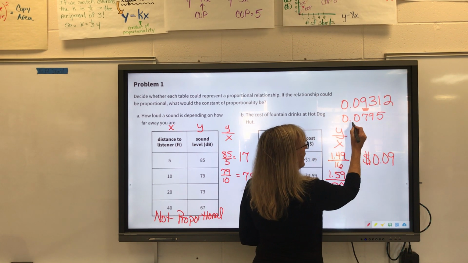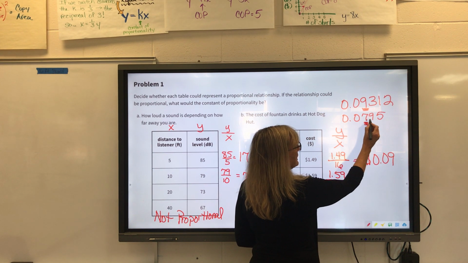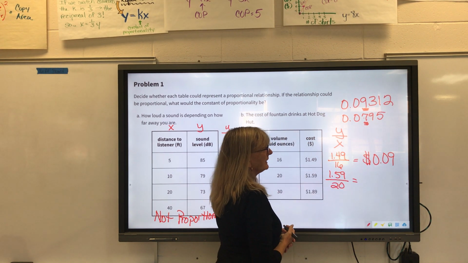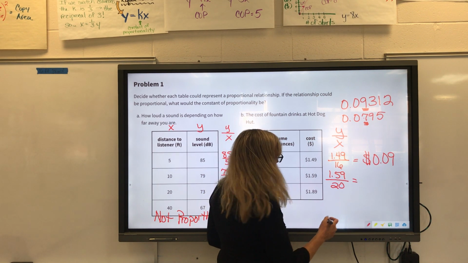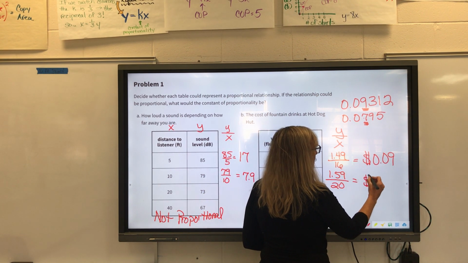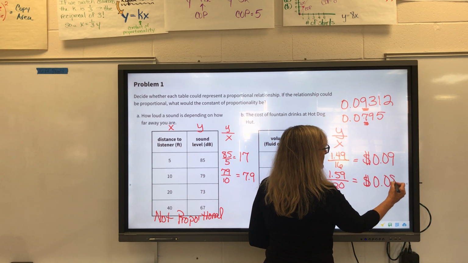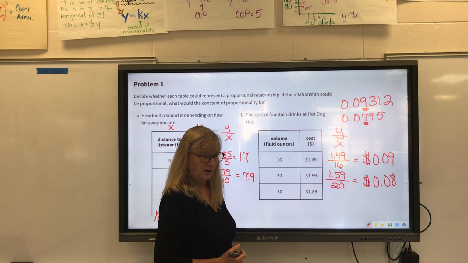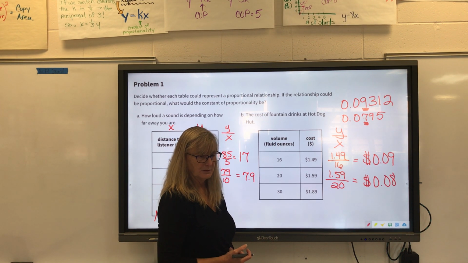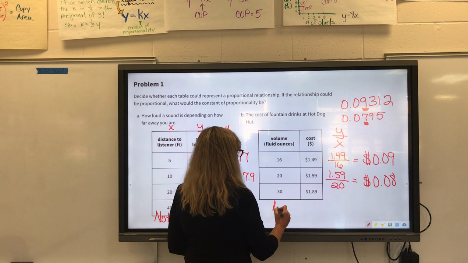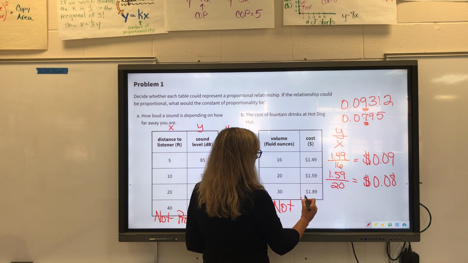Okay, the hundredths place is right here. Does that 9 make that go to 8, or does it stay a 7? It makes it go to 8. Good. So now it's only costing us 8 cents per ounce. Is this a proportional relationship? No. So this one is not proportional.